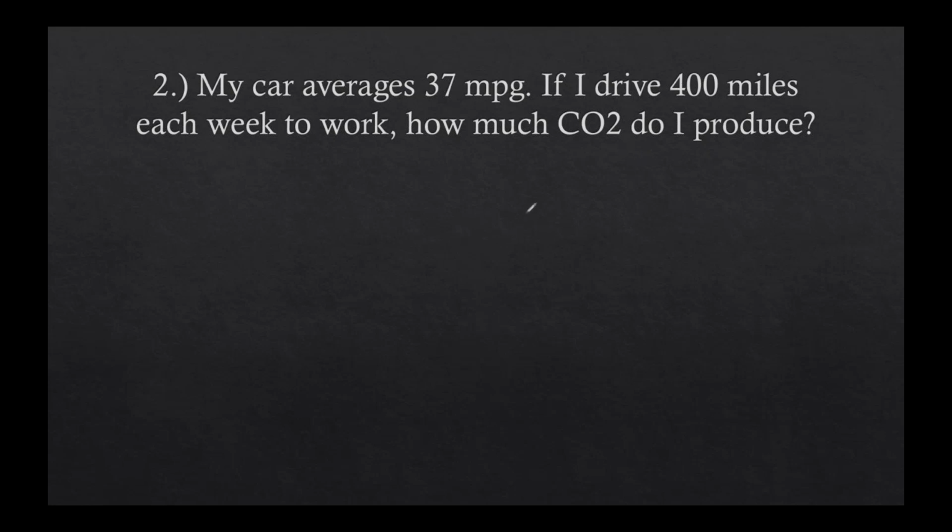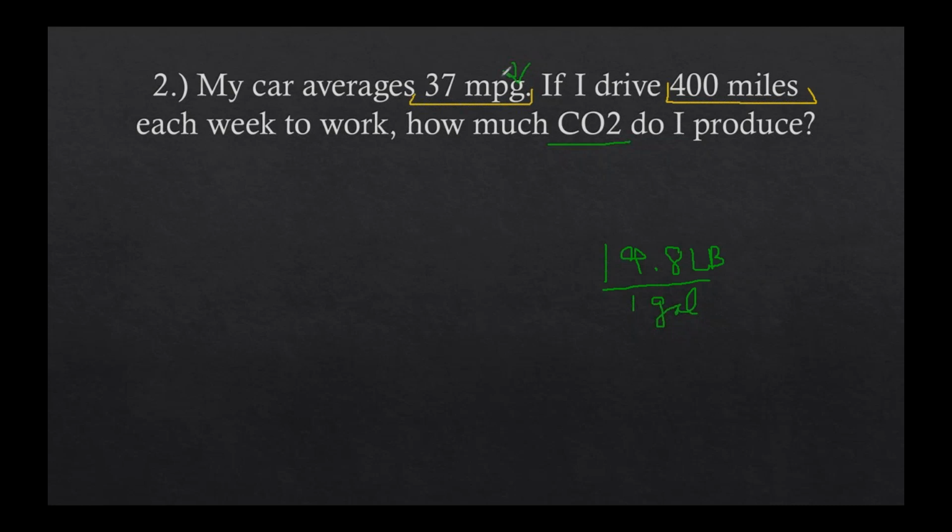But again, just kind of thinking through this. CO2, you're talking about miles per gallon. So that lets me know that I need to use the 19.8 pounds per 1 gallon of gas. Now, when you're looking at this problem, you are given two pieces of information, 400 miles and 37 miles per gallon. And we know that every ratio can be written two different ways.